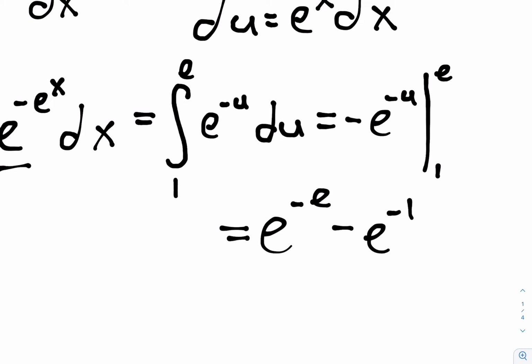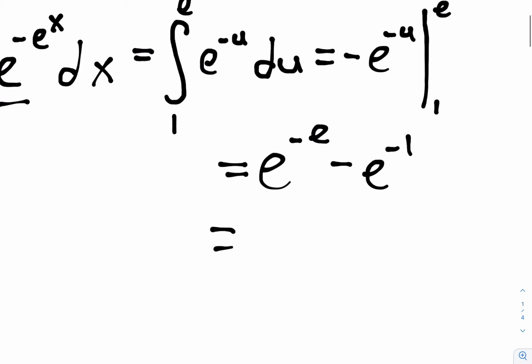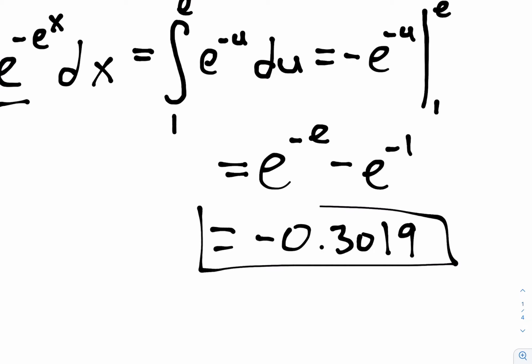So e to the negative e, let me just calculate that here. e to the power of negative e is 0.066 minus e to the power of negative 1. Okay, so if we do all this, I'm actually going to do it in one step. This is going to be negative 0.3019. So this would be your answer here.